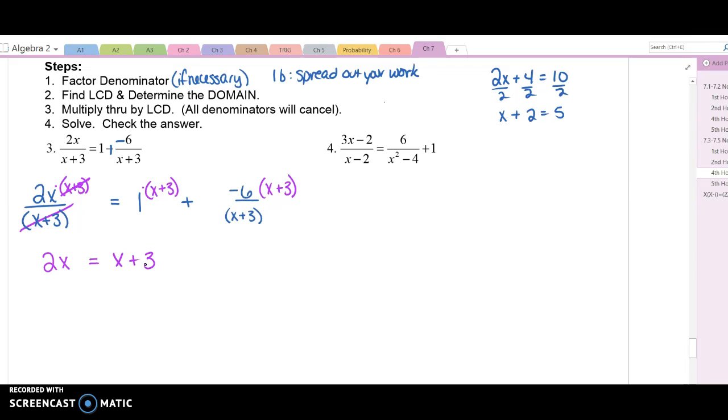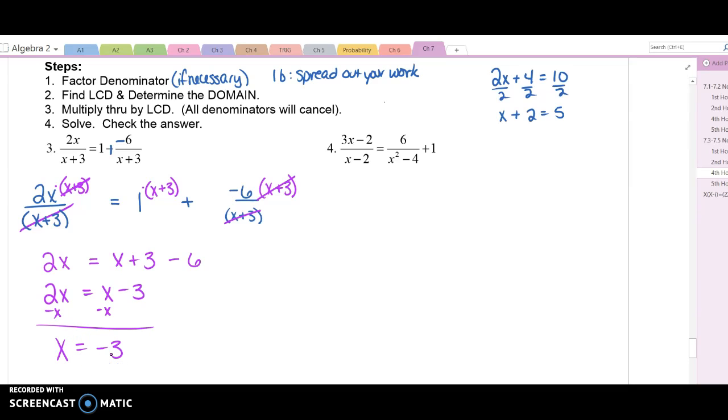The next term is another fraction, and we have a factor of x plus 3 in the bottom and on the top. They cancel, leaving us with a negative 6. Is this an equation that we can now combine like terms and solve? Yeah. So this is 2x equals x minus 3. I would subtract x on both sides to get x equals negative 3.